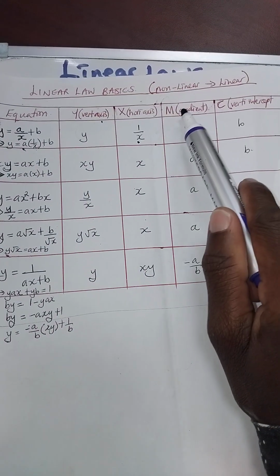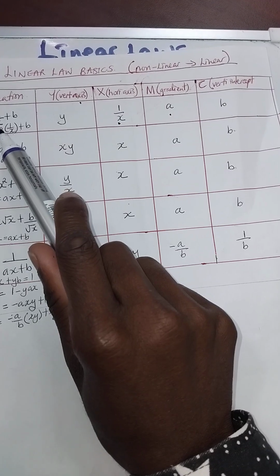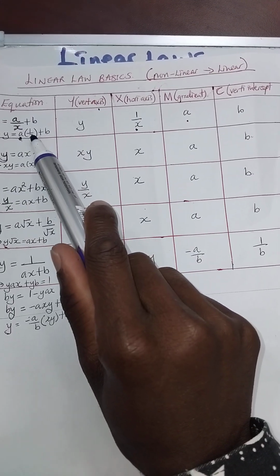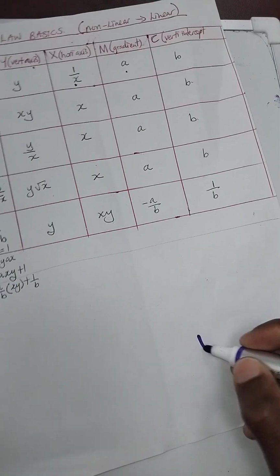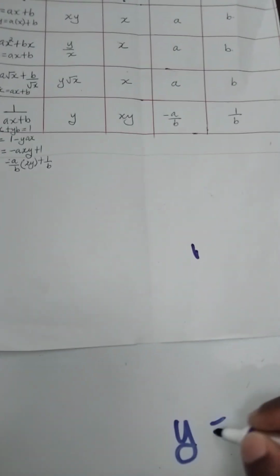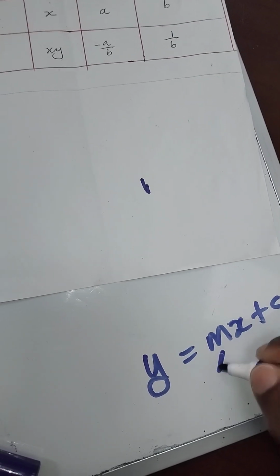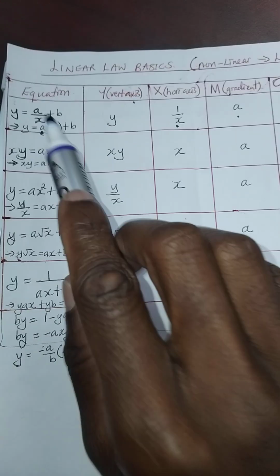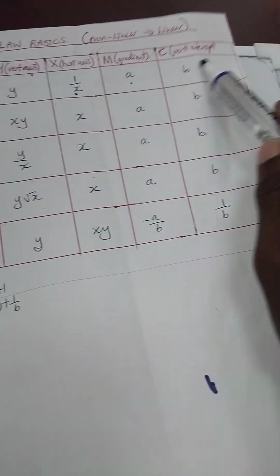Then a is your gradient because it is the coefficient of x. Remember y is equal to mx plus c, so the coefficient of x is the gradient. Here b is the y-intercept.